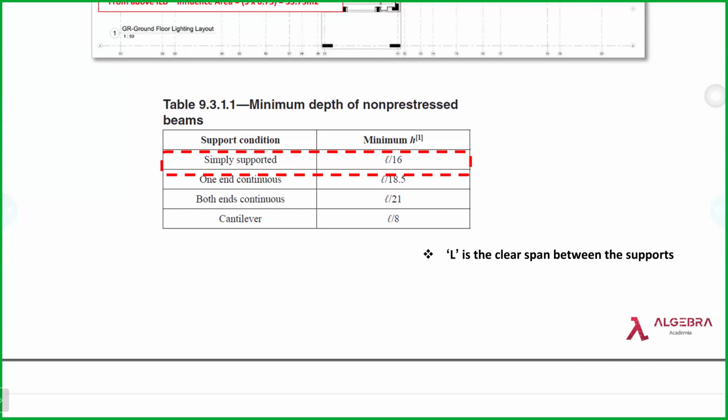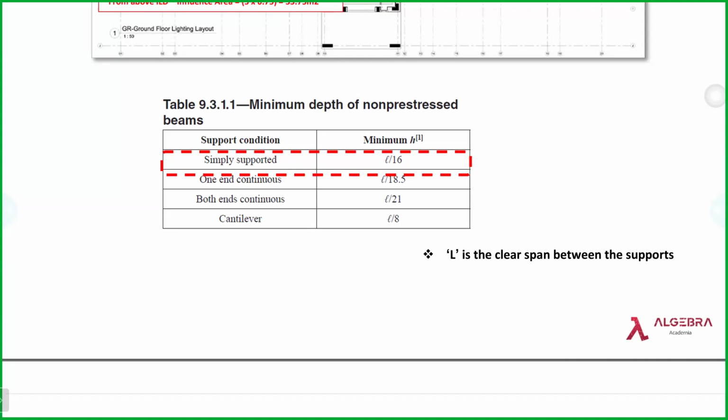Okay, so when you want to go for simply supported, what is a simply supported beam actually? There won't be multiple spans of that beam. Only one span, which is a single span beam. Two columns, the beam is supported on top of them. So when you talk about a simply supported beam, the depth is span by 16. When you talk about one end continuous, what is one end continuous actually?